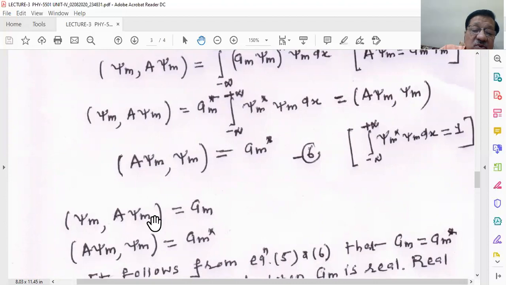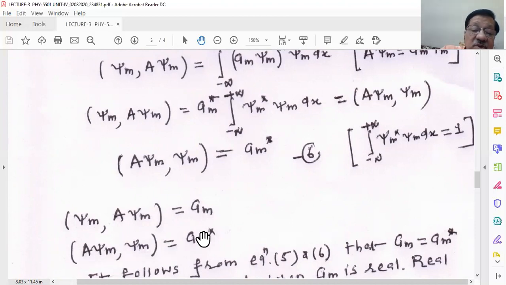So the left hand sides of these two equations are equal because A is Hermitian. If A is Hermitian, then the left hand side of equation number 1 and the left hand side of equation number 2 are always equal.